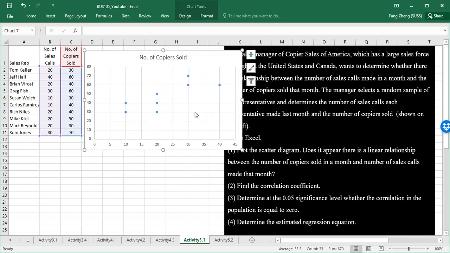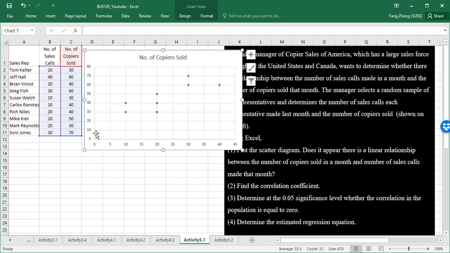When we get the plots, we need to check whether the x-axis and the vertical axis are really what we want. From the data here, we can see the vertical axis shows the number of copiers sold, and the horizontal axis shows the number of sales calls. Because we want to see whether the number of sales calls will affect the number of copiers sold, we put the number of copiers sold on the vertical axis, the y-axis.